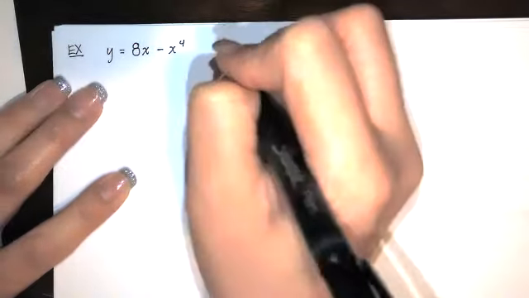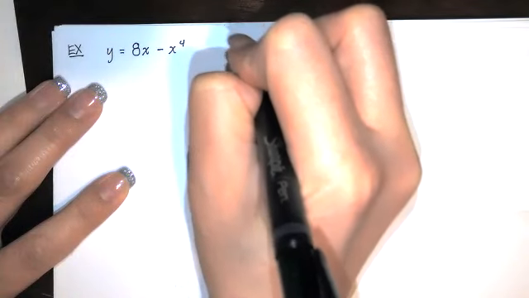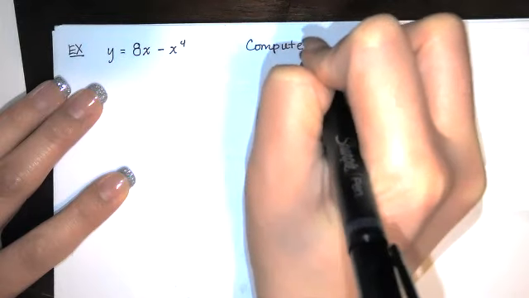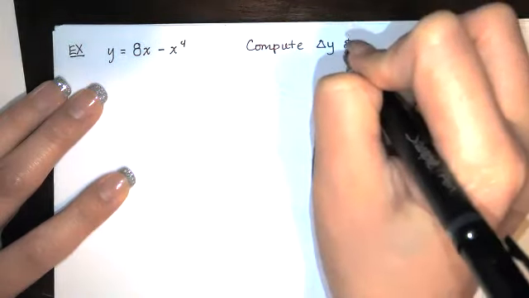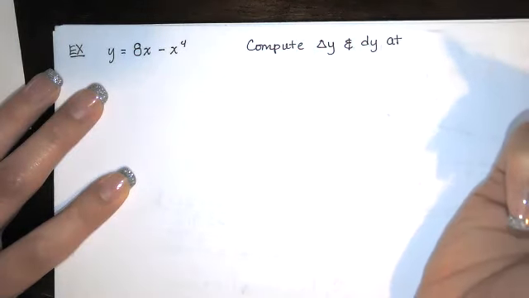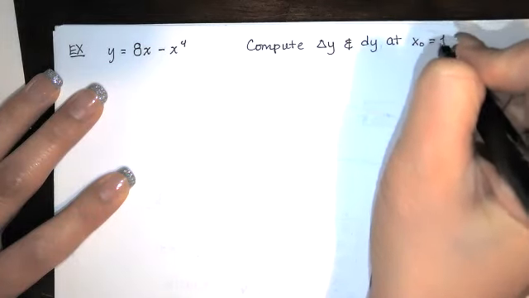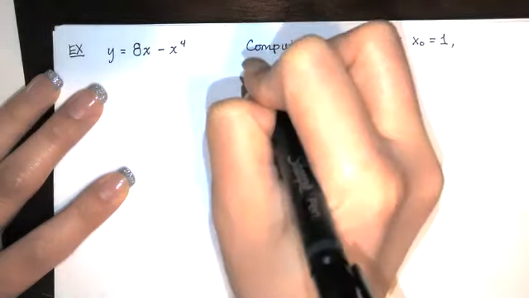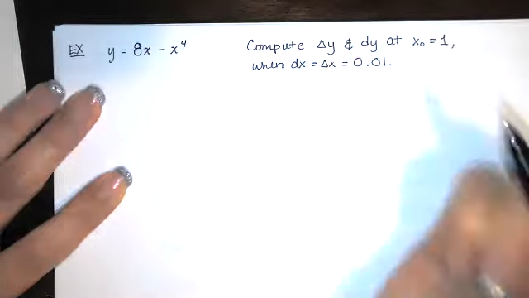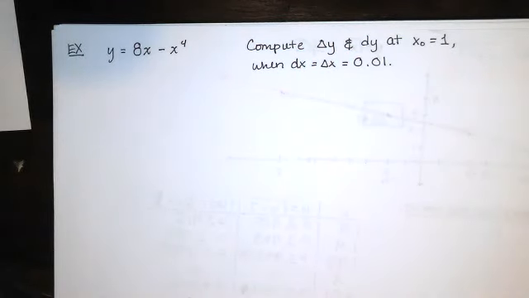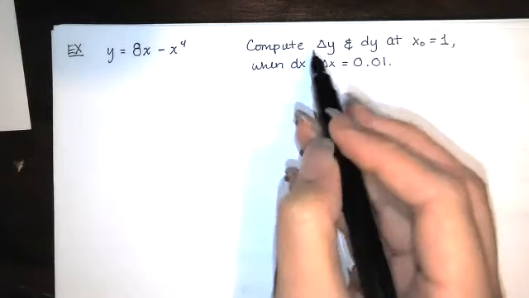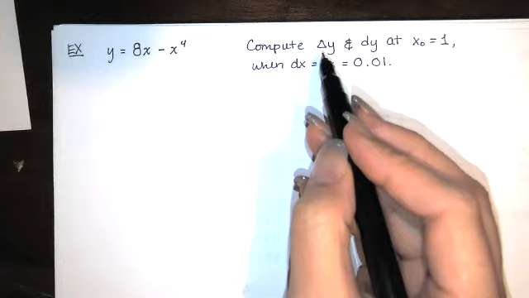And we want to compute the change in y, the increment of y, and dy at x naught equals 1 when delta x and dx are equal to 0.01. Okay, and then we'll try to visualize this as well so that we can make sure we understand what's going on. Well, first I'm going to compute delta y.